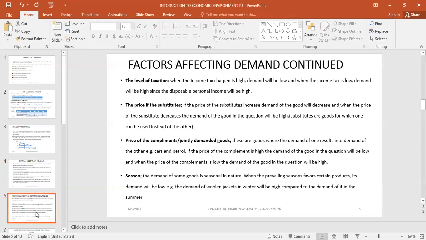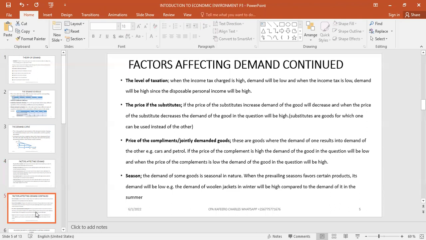So allow me to proceed to the next slide, and we talk about the next factor affecting demand, which is the level of taxation. When you're talking about taxation, we give a view in terms of the income tax, not the VAT and others, because here we are dealing with whatever the individuals are doing.